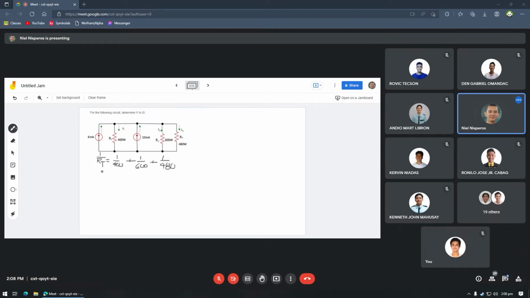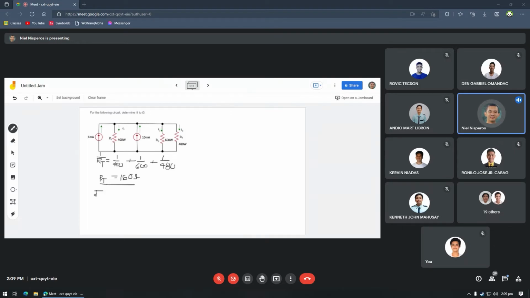Then take the inverse. So we have 160 ohms.